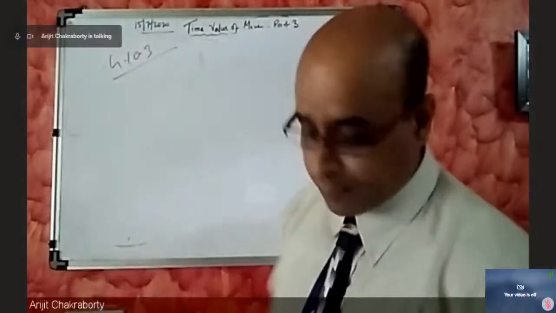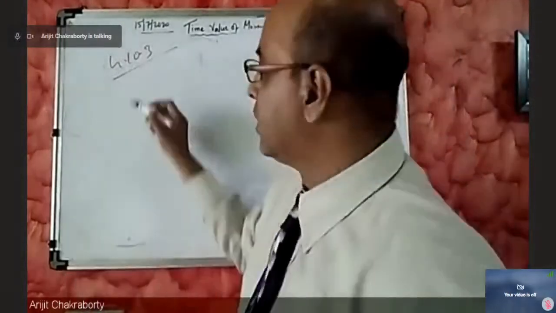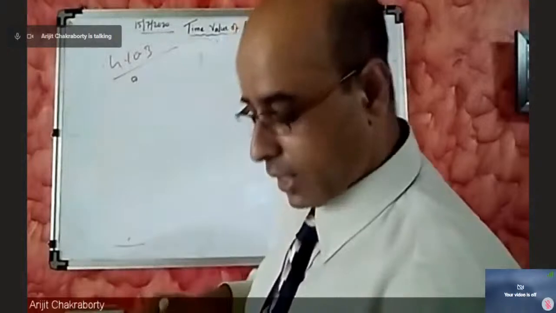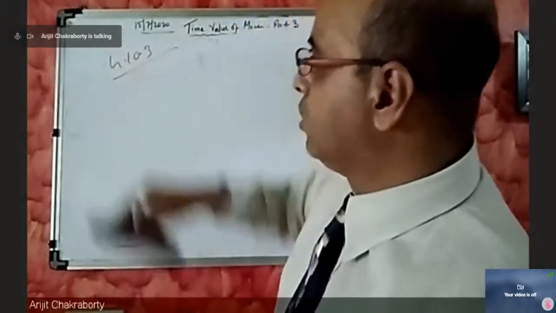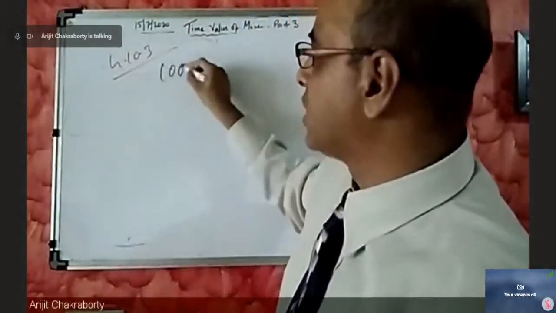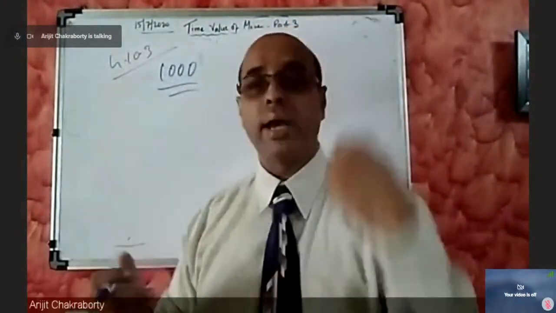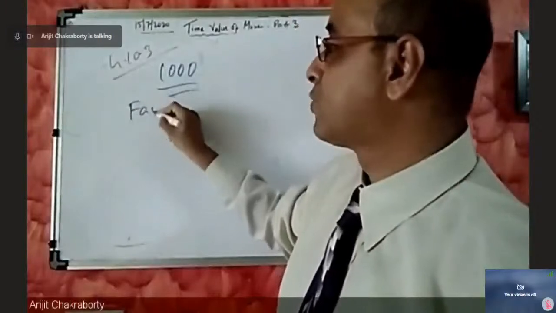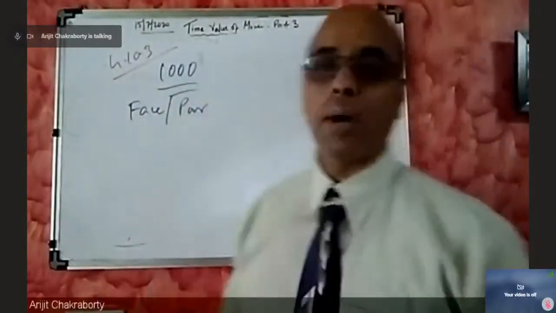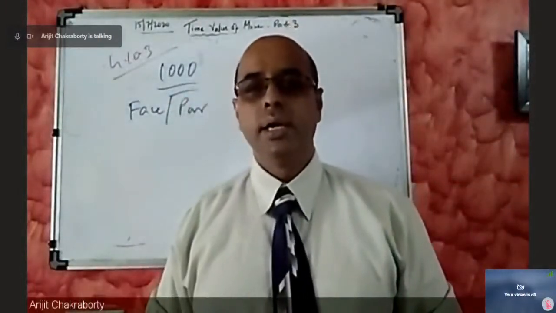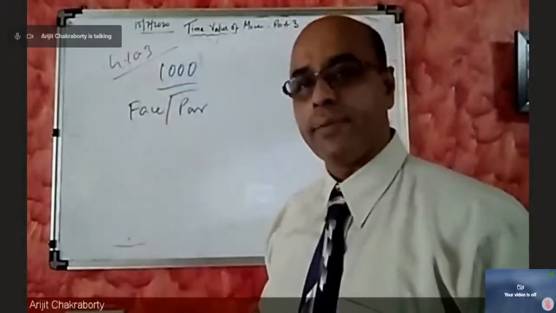Say a bond has a face value, or par value, of 1,000 rupees, and you have purchased it at 1,000 rupees.